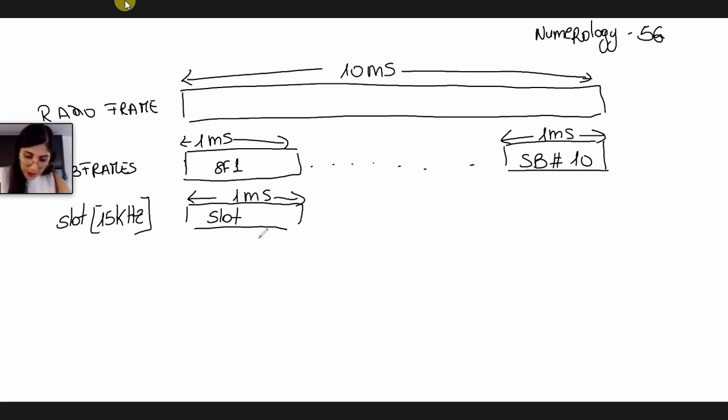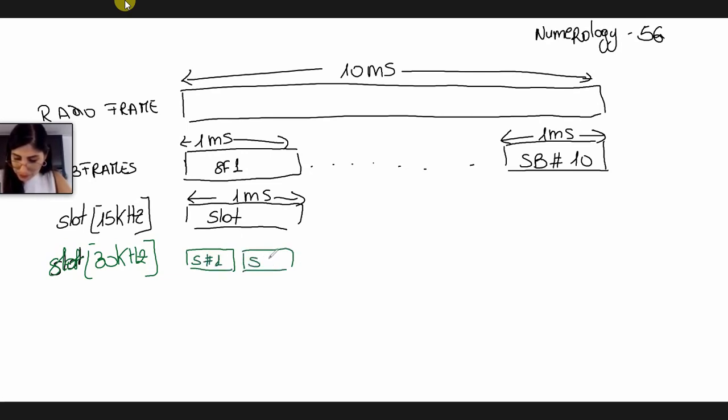But if we use, for example, 30 kilohertz of sub-carrier spacing, the TTI at 30 kilohertz is 0.5 milliseconds. That means that in one subframe, we will have 2 slots, slot number 1 and slot number 2, each one lasting 0.5 milliseconds.